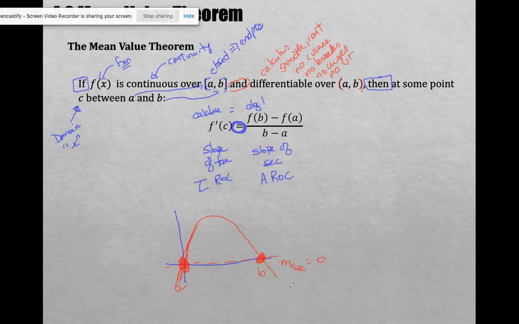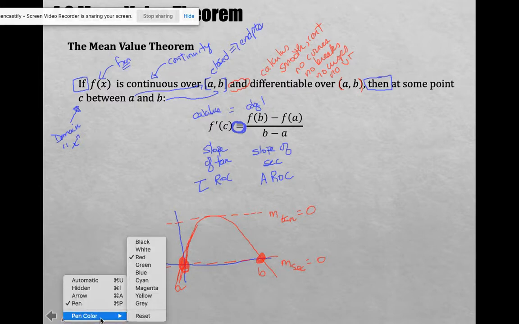The slope of the secant is 0. I hope that's obvious. Can you see a place on the parabola where the slope of the tangent is also 0? In other words, where is the secant parallel to the tangent? We can see that's right there.